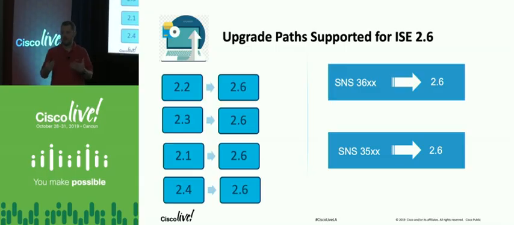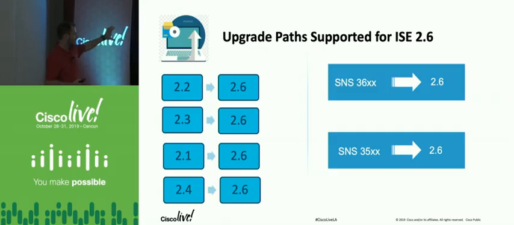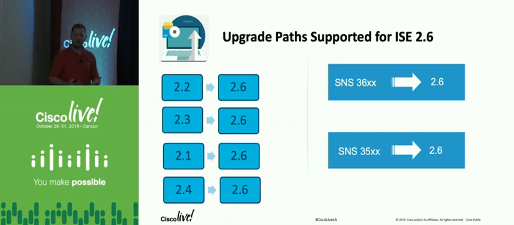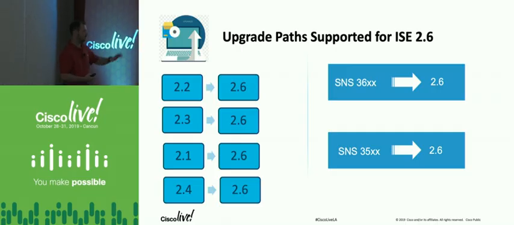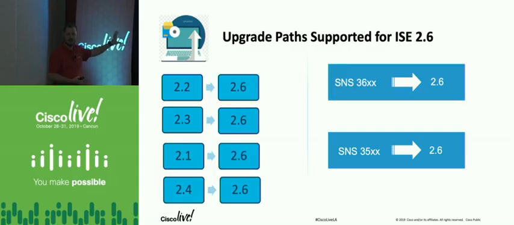So if you haven't made the effort to upgrade hardware recently, 3500s and 3600s are the supported hardware for the 2.6 release. Obviously, we're going to talk about virtual machines quite a bit and how that plays into the hardware requirements. But from a physical hardware point of view, those are the two appliances.